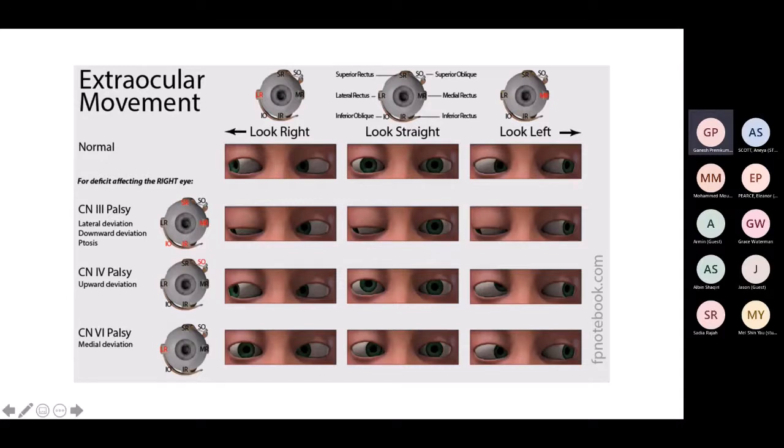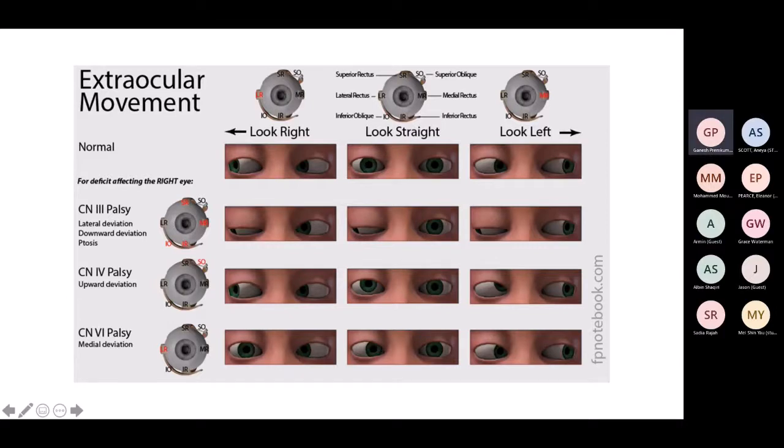So when we look at the person, say we ask them to look straight, what happens to the right eye? It goes all the way to the temporal region and it's sitting down, isn't it? And that's because of unopposed lateral rectus and superior oblique. It can be masked.